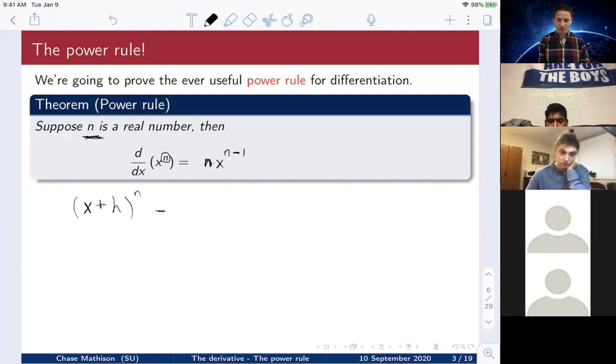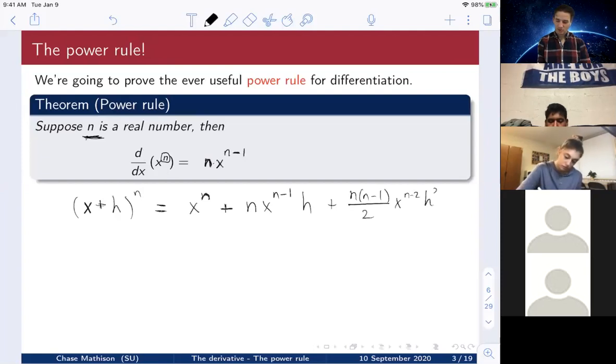In short, (x plus h) to the n is going to be, well, the first term is x to the n. Then the next term, just by the binomial theorem, is n times x to the n minus 1 times h. And then the next term is n times (n minus 1) divided by 2 times x to the n minus 2 times h squared.